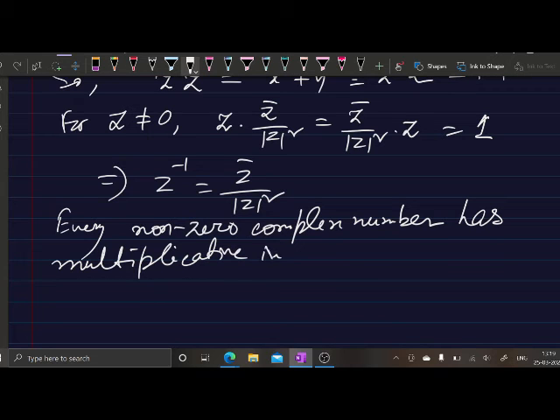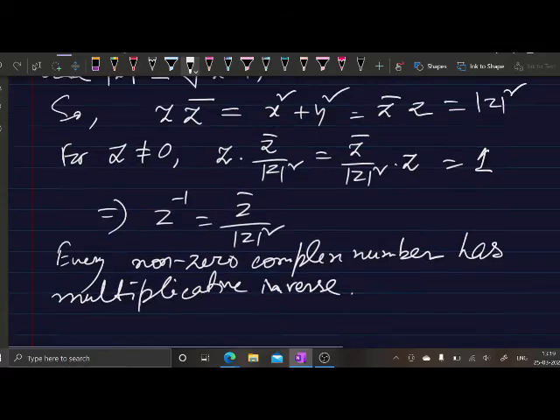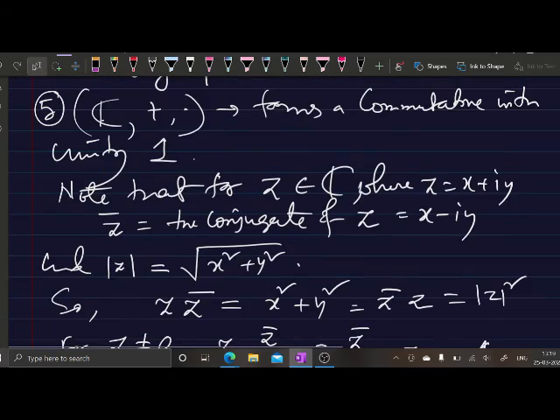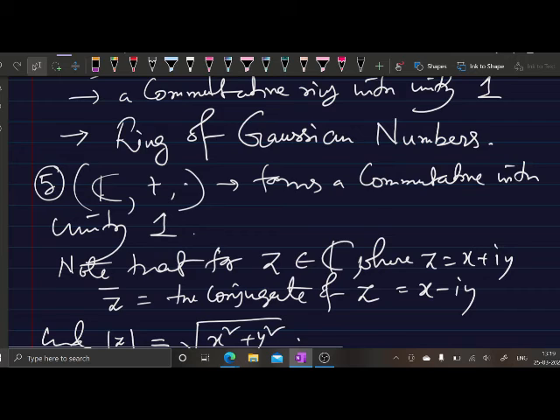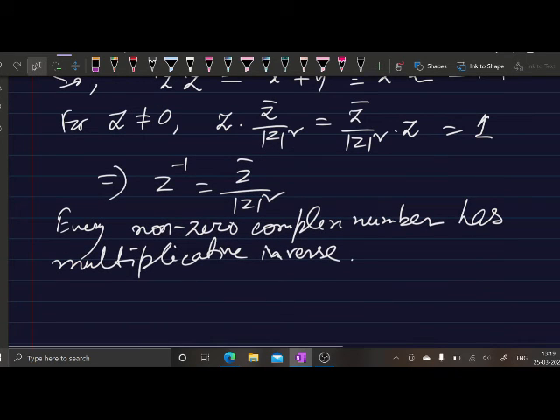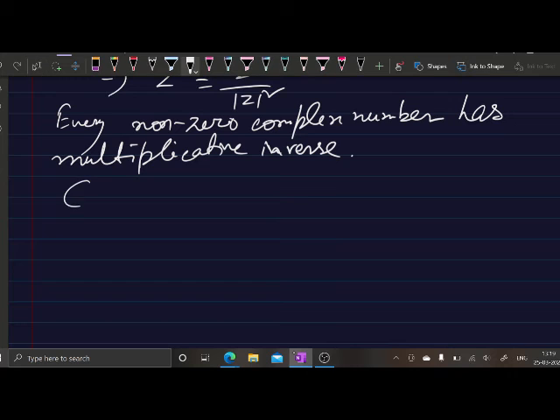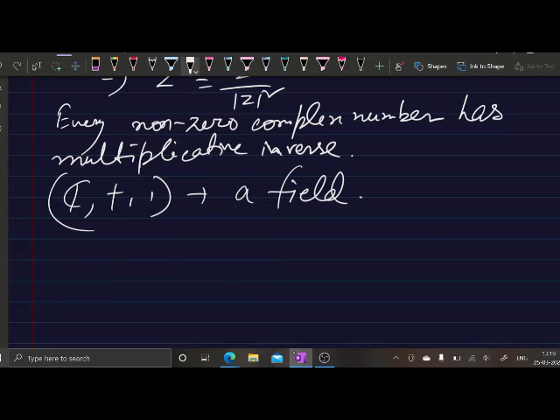So in addition to being a ring, this C plus dot has some extra property that makes it more special than the other ones. And such rings will be called a field, in which every non-zero element has a multiplicative inverse.